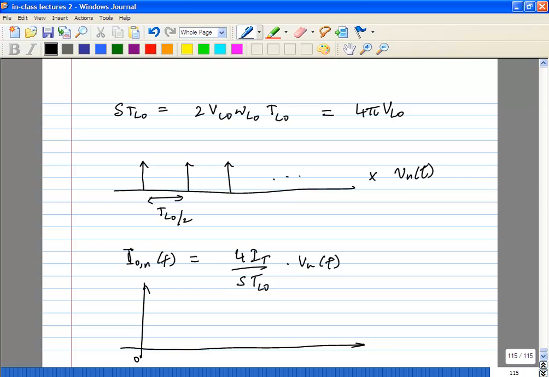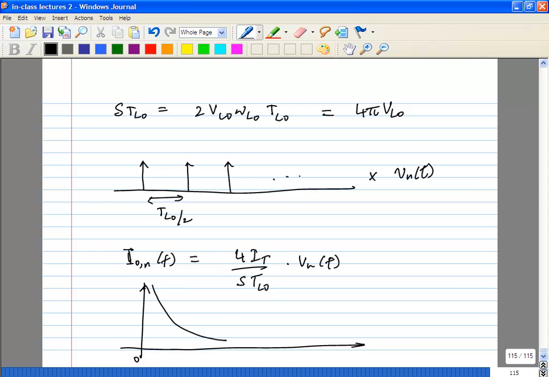We also know that this Vn of f is going to get repeated every 2 FLO, because it's like getting sampled by an impulse train every 2 FLO. So at the output, you're going to see flicker noise around baseband. If Vn of f has flicker noise, I1 of f is going to have flicker noise.